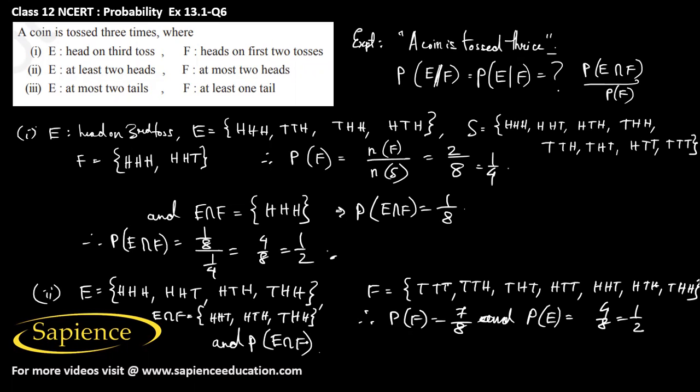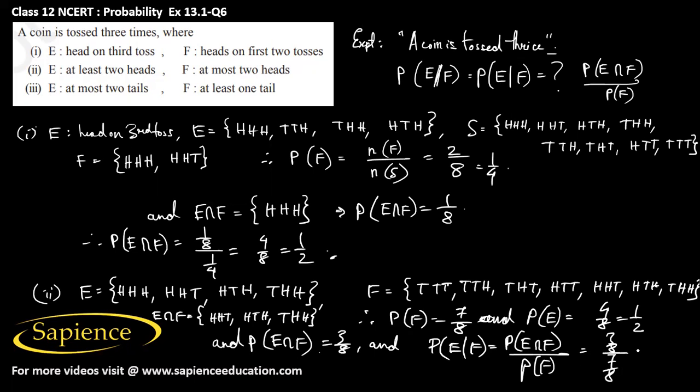Therefore, the probability of the event E intersection F is 3 by 8. And therefore, the probability of the event E given F would be equal to the probability of E intersection F divided by the probability of F. So that would be 3 by 8 divided by 7 by 8. So that would be 3 by 7.